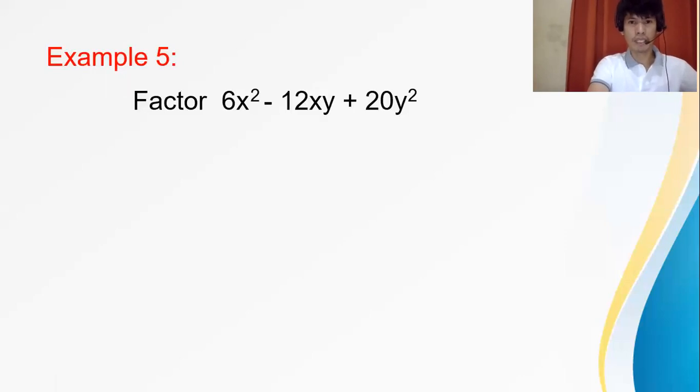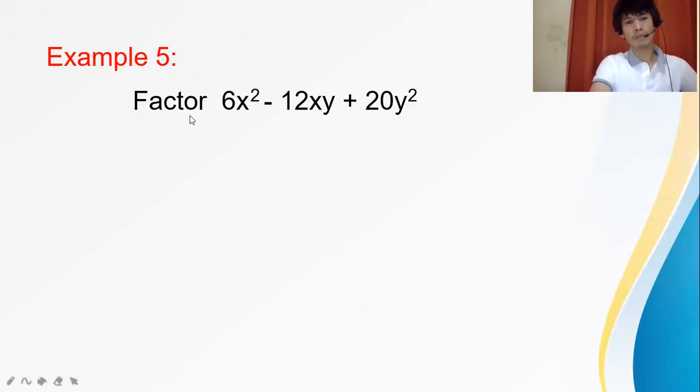For the variables, the first term has x, the second term has xy, while the third term has y. So we cannot take the variable with the least exponent, because the middle term has xy, the first term has x, and the last term has y. So there is no variable with the least exponent to take.